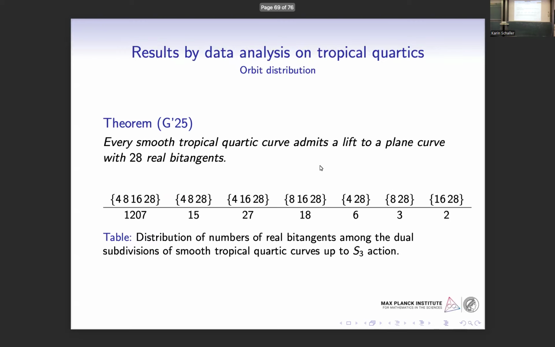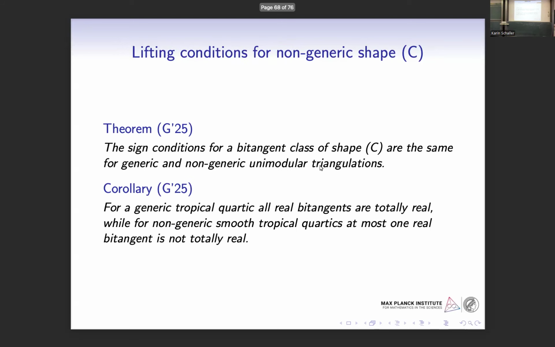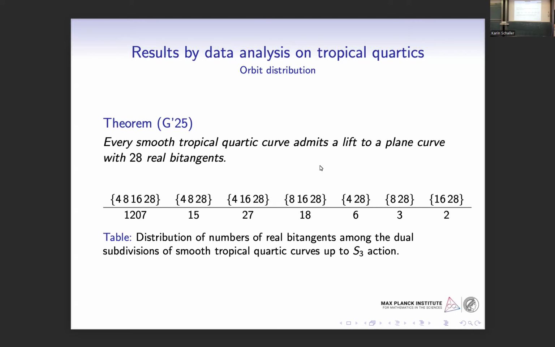Okay, so what I then did, I had all this data because I computed it for all these triangulations and real tropical bitangents. So one can ask, for any unimodular triangulation, is it possible to find a sign vector such that I get a maximal algebraic curve, so that I get 4 ovals and 28 bitangents? And this is what this table tells you.